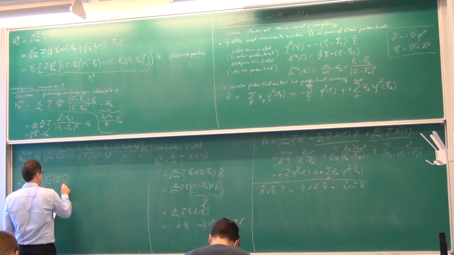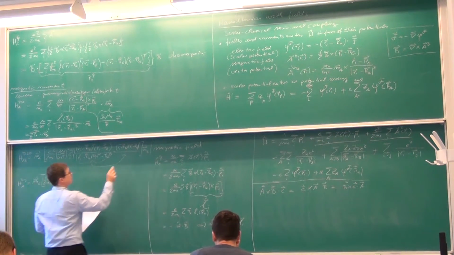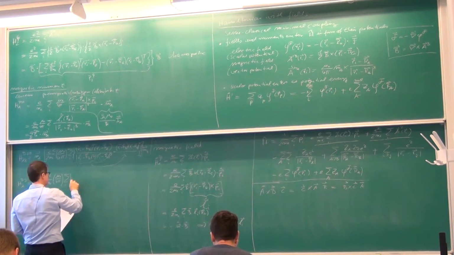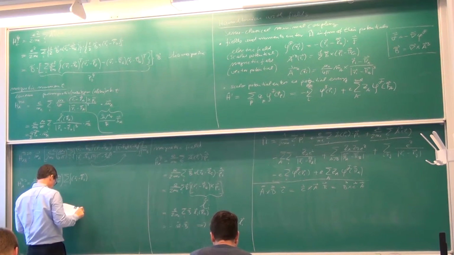And I get a sum over i, like always. But now, and I'm missing this, I guess. Now I get, let's start with the one from the magnetic field. That's the simple one.